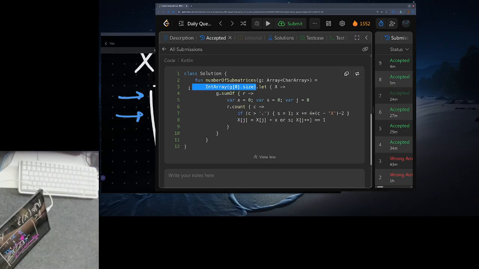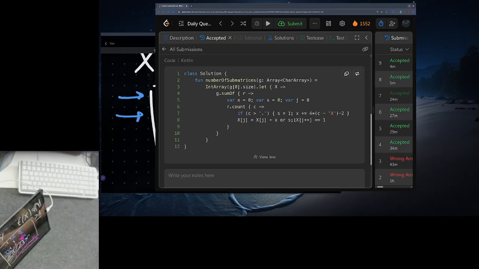I also use a single dimension row. I don't have to remember the previous one because the row is always the previous one. And I keep the flag with bitwise OR operation.